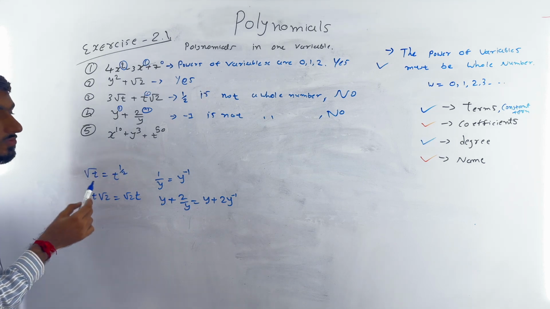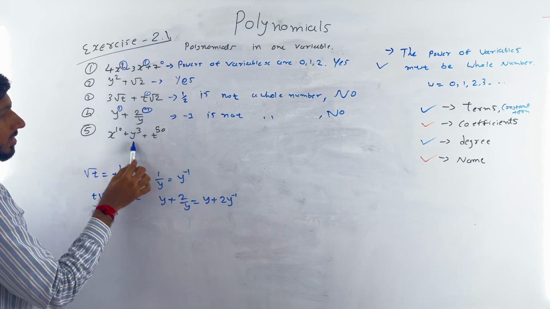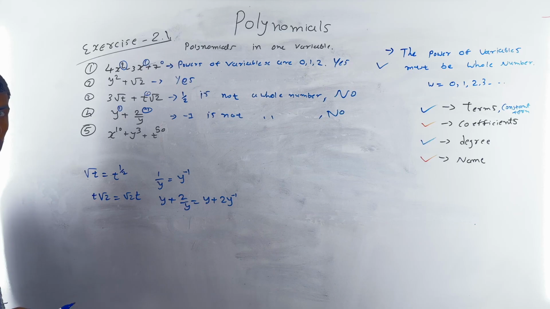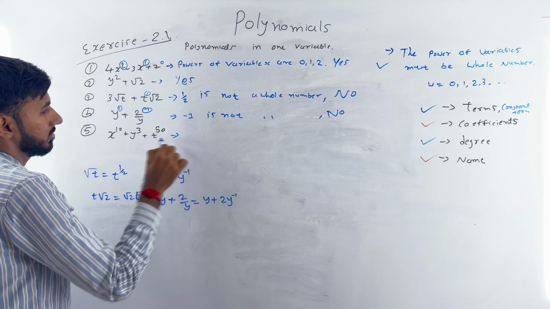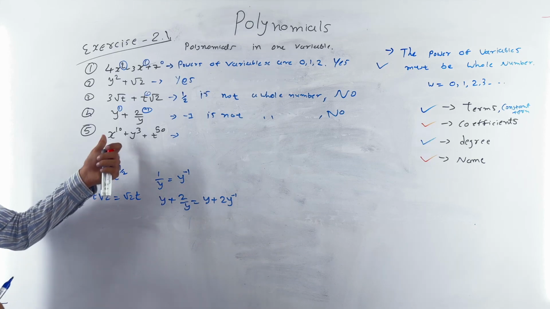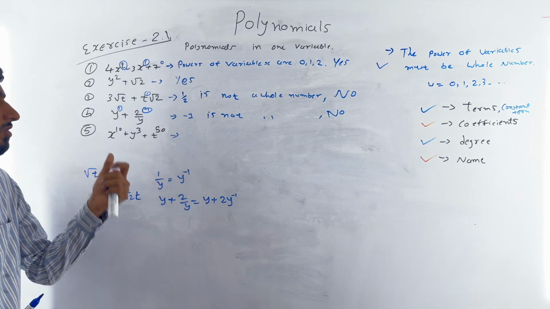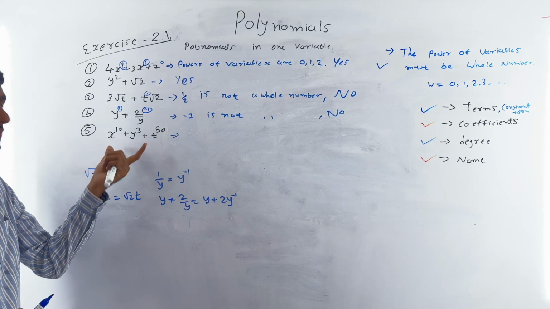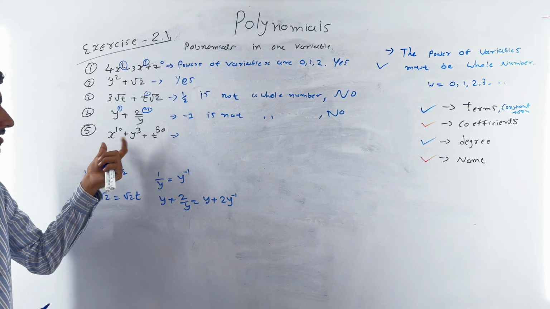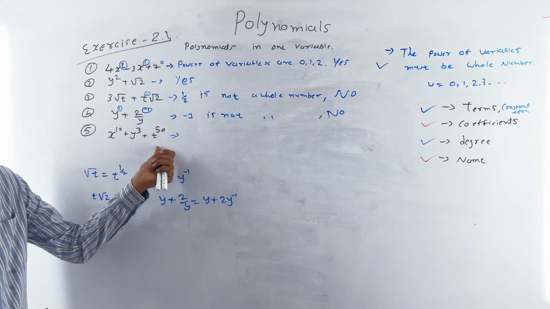Now for the fifth one, here I have x power 10, y power 3, t power 50. Is it a polynomial in one variable? Let us see. I have the variables x, y and t. So first of all, this is not an algebraic expression in one variable, right? It has three variables, x, y and t.